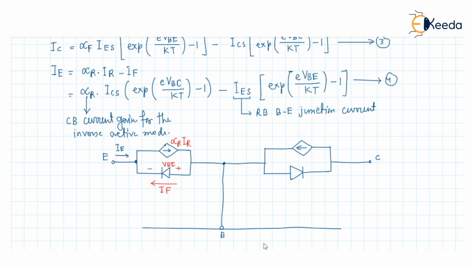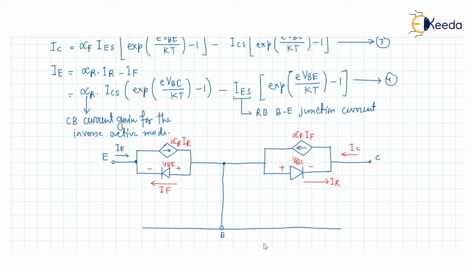Similarly, the dependent current source at the JC junction is alpha F into IF, and the voltage here will be VBC. The current in this direction is the IR current, and the IC current is in this direction.